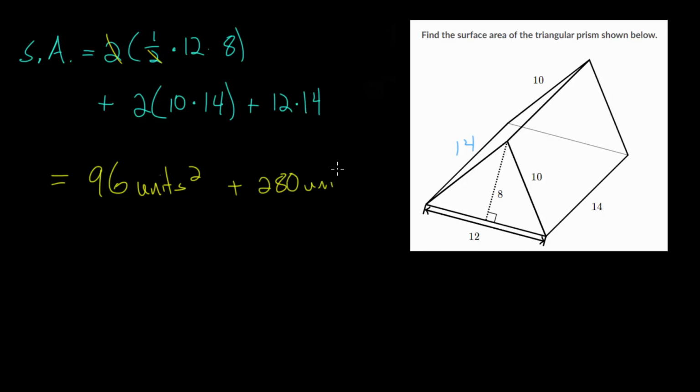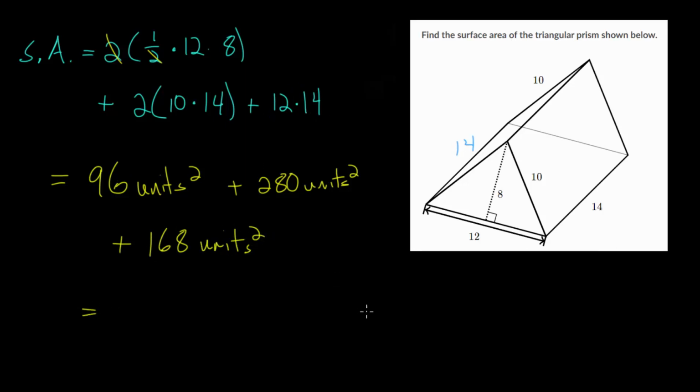So that's 280 square units. And we'll add that to the rectangle on the bottom, this 12 by 14 rectangle. So we can do 10 times 14, that's 140. 2 times 14 is 28. 140 plus 28 is 168. And again, we have square units there.